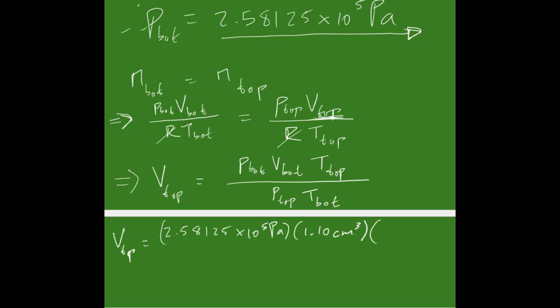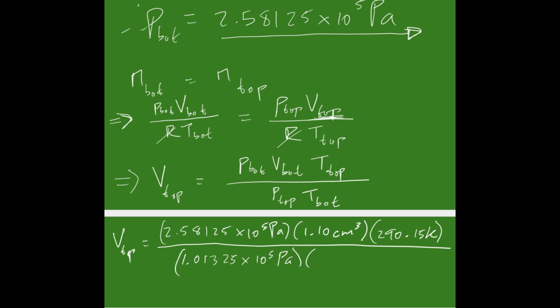Temperature at the top is 290.15 Kelvin, and then pressure at the top is just the atmospheric pressure, so that's just 1.01325 times 10 to the power 5 pascals, and the temperature at the bottom was 278.65 Kelvin.